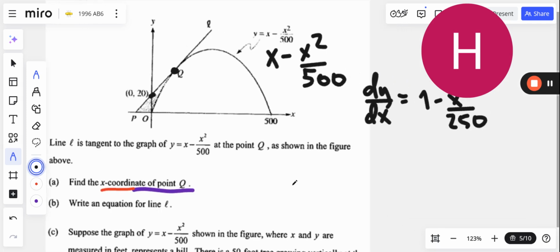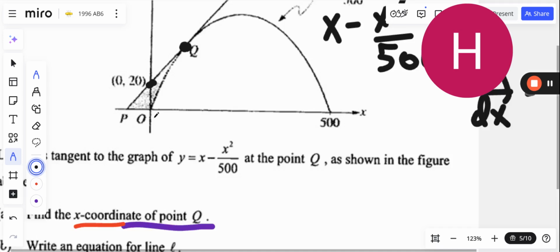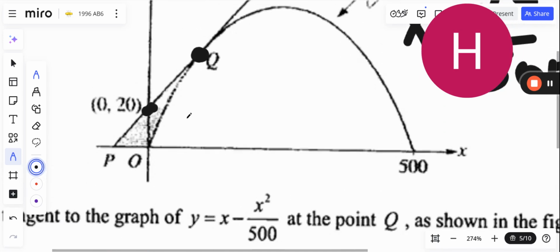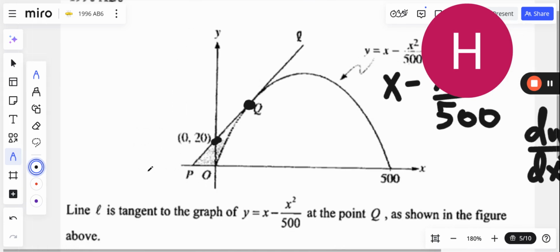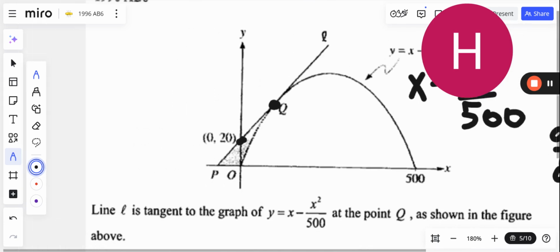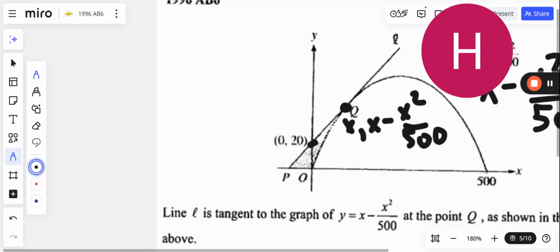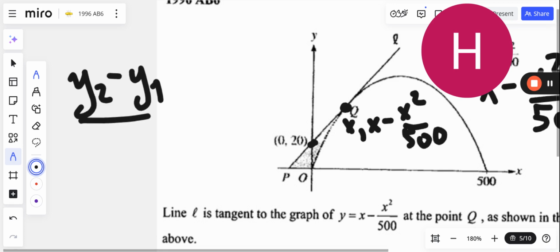So let's set those slopes equal to each other, because another way to get the slope between these 2 points is to use the rise over run method. So this is going to be x comma x minus x squared over 500. And if we try to find that slope using y2 minus y1 over x2 minus x1 methods, then we will get the answer.